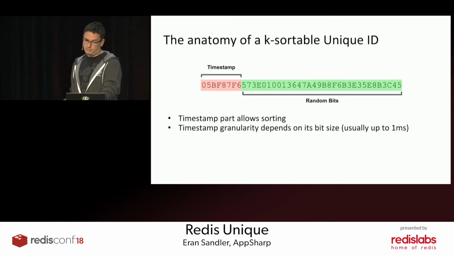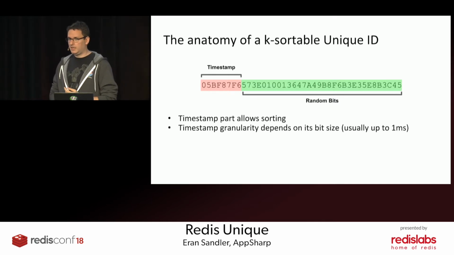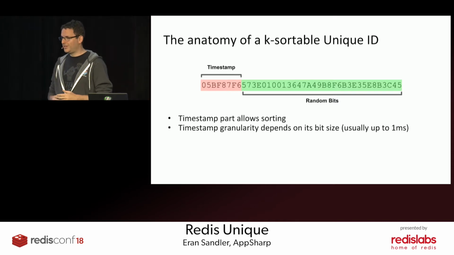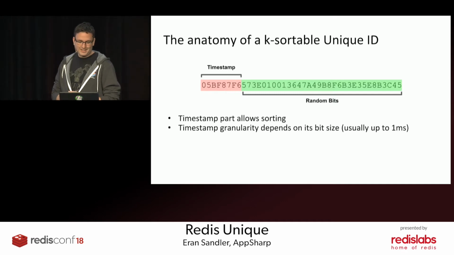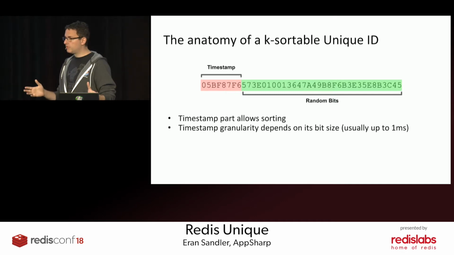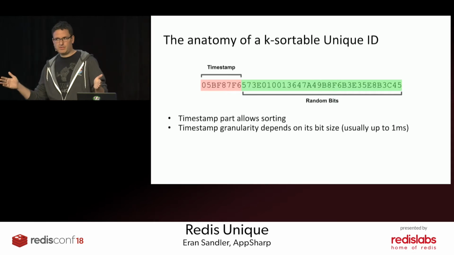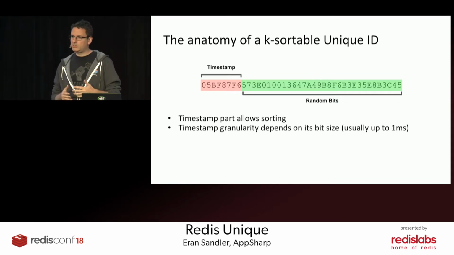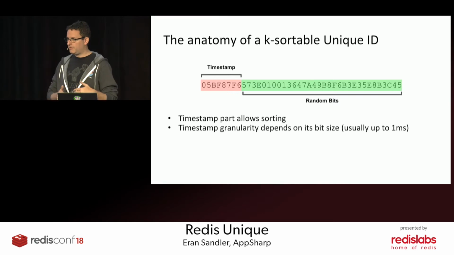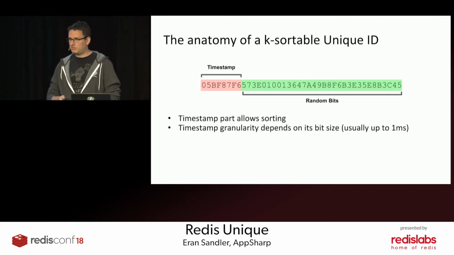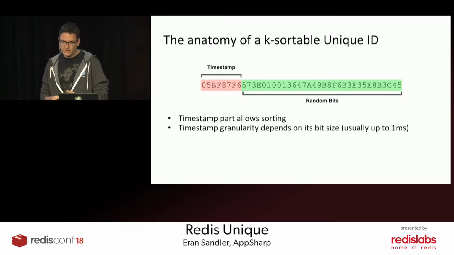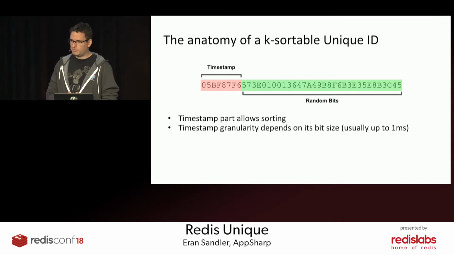And you have a chunk of random bits, that hopefully you're generating with a very secure random number generator. And that makes sure, again, as long as the random data is big enough, that you can generate enough IDs in a certain period of time. So if you have a big enough block, you can generate 1 million IDs in 1 millisecond, which is quite enough even for Facebook-style scale.